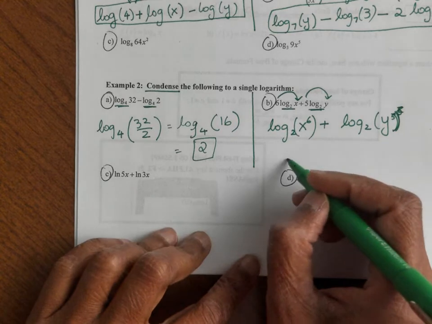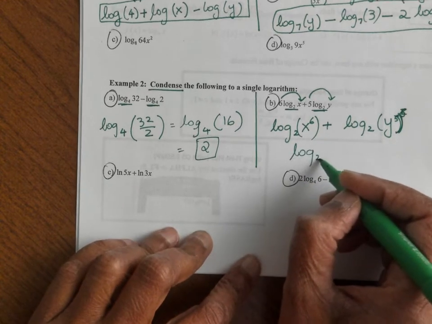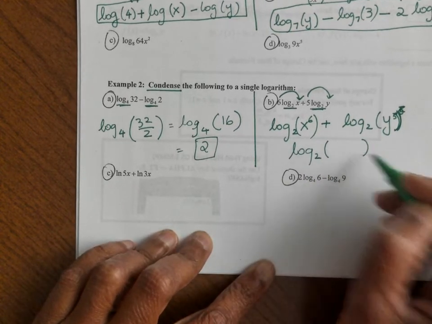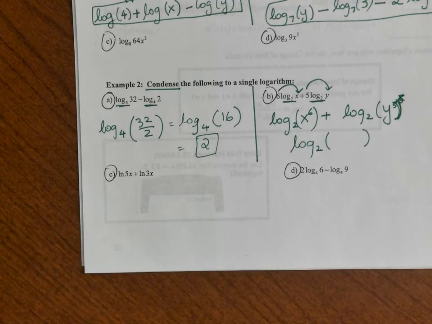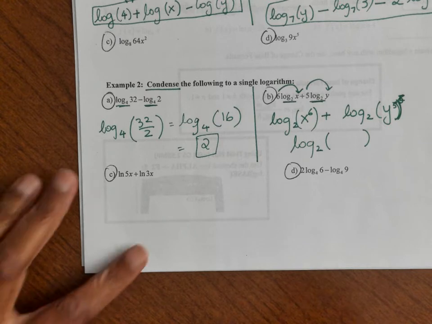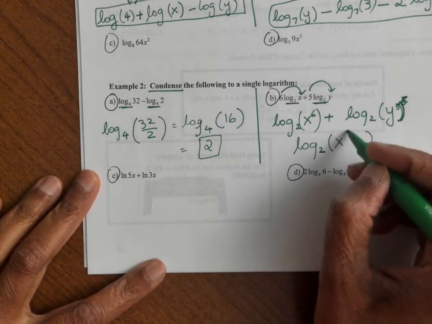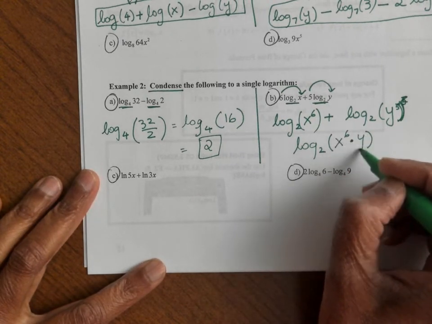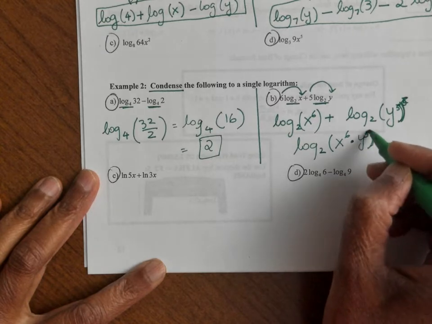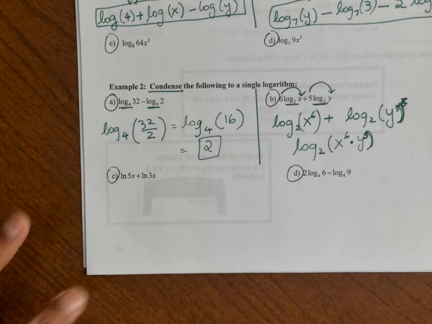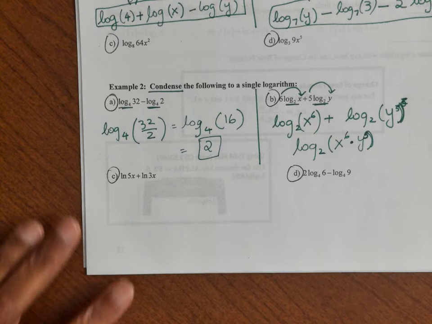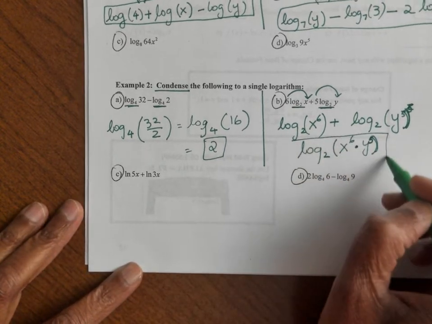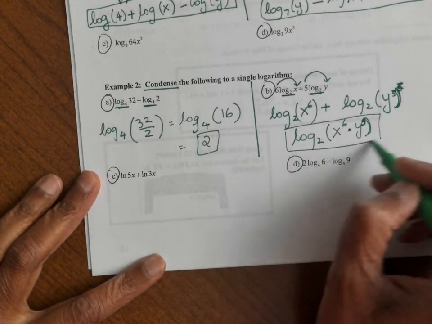Same base of 2, log base 2, and go ahead and write the input. And that's it. There's nothing more to be done. Did everybody get this? I will be glad to explain it if you didn't.